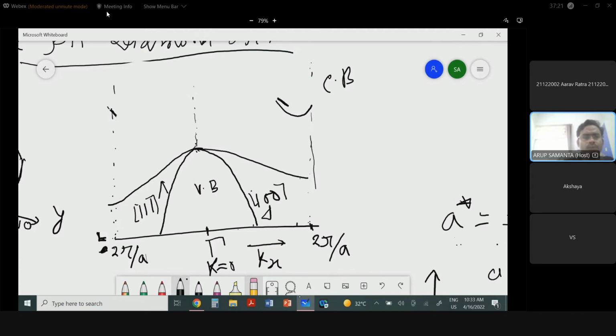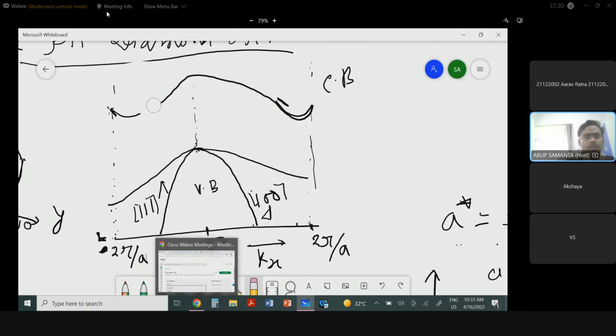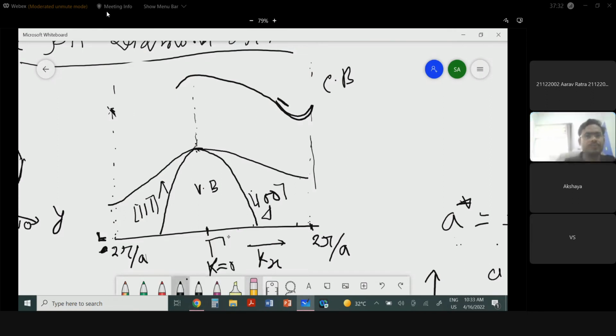Simply I want to show you something like this. It could be better for you. This should be a little high. For simplicity, I keep it like this.